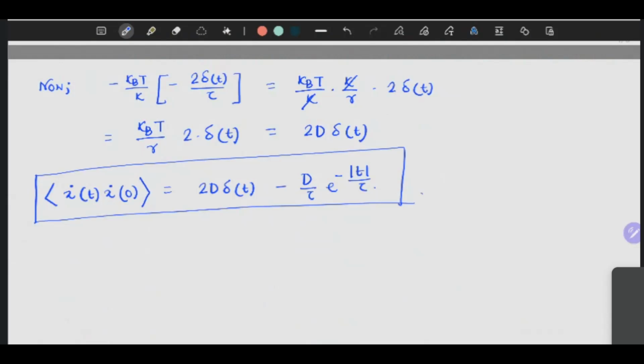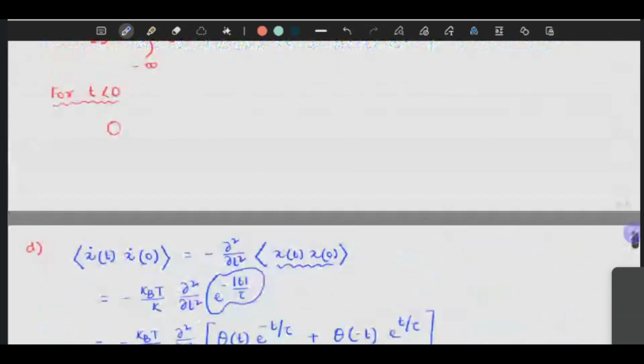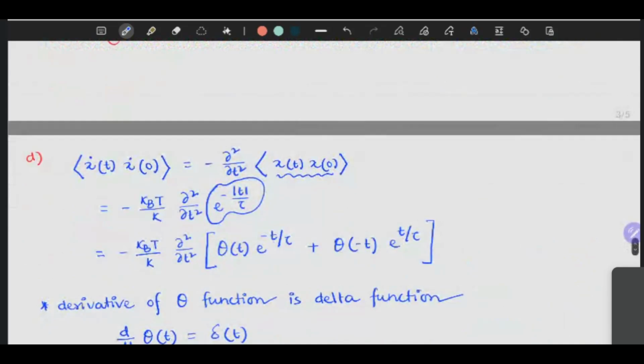So what we have done here, basically, if I review this problem, because there is laborious calculation: actually this autocorrelation is del 2 del t 2 of e to the power minus mod t by tau, right? Now this mod function can be written in terms of theta function.